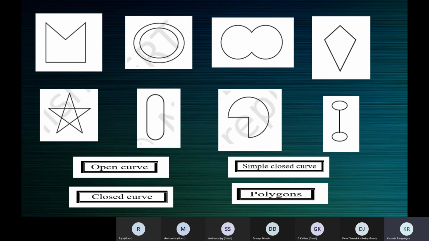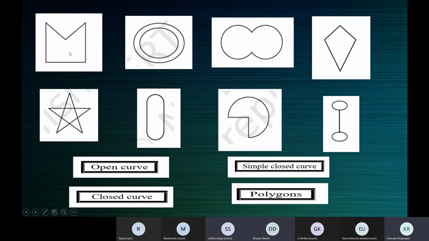Yes, let's do this quickly, children. Tell me, is this a curve? Now I'm not going to give you the details. Now let's just understand what it is. Is it a curve? Yes, ma'am. Open or closed? Closed curve, ma'am. If it's a closed curve, is it a simple closed curve?